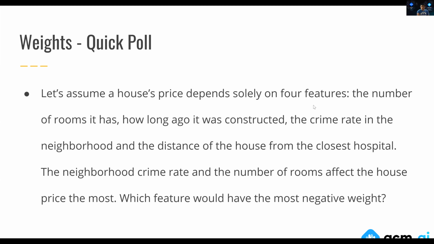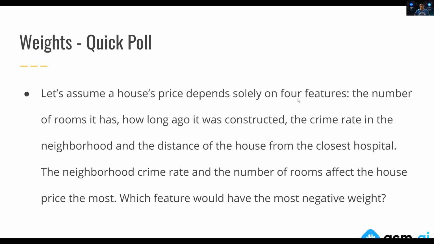All right, we'll give it a few more seconds. All right, cool. About 90% of y'all voted. Most of you got it for sure: neighborhood crime rate.